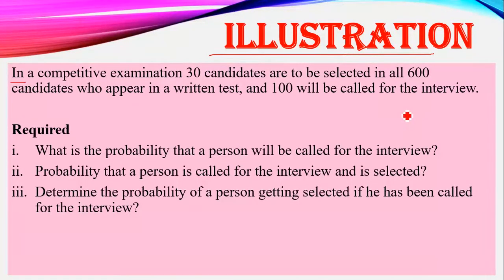If you read it clearly, you find that there is a condition. You are told that in this examination, 30 candidates are going to be selected. But all the candidates in total, there are 600. But out of the 600, only 100 will be called for the interview. So you have to understand the question for you to be able to respond to what you're required to do.